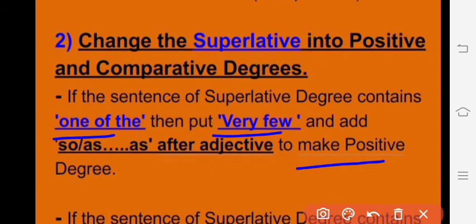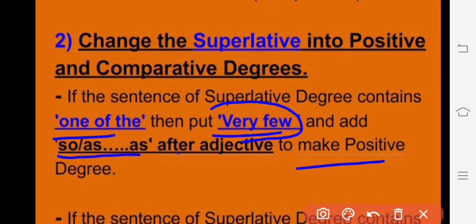If the superlative degree sentence contains "one of the most popular," "one of the most intelligent," then put "very few." If you want to convert a superlative degree having "one of the" into positive degree, add "very few," and after "very few" you have to add "as" or "so as."